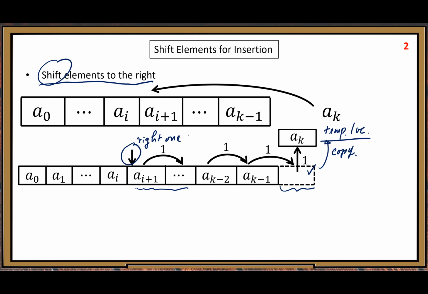After we make the last shift and A sub k is placed in its right position, this insertion is done. Although you can try the next one, we assume the next element is less than A sub k, so we stop. This is the stopping criteria.